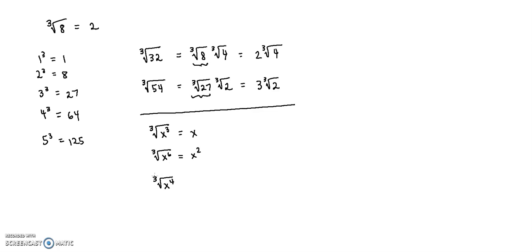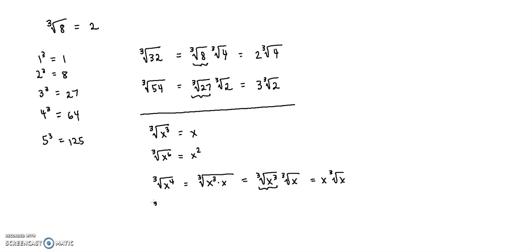If the number on the inside is bigger, you know that you can simplify. I can think of x to the 4th as x cubed times x. There's still 4 of them there. And the cube root of x to the 3rd I know is just x. So I'm going to get x, and then I've still got the cube root of x.